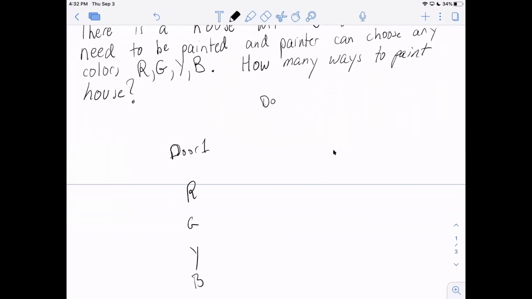So red has 4 possibilities under it, and then it's the same thing for green, yellow, and blue. So it's 4 times 4, and then it's just 4 times 4 times 4 when you include a third door. So it's 4 to the power of 3.